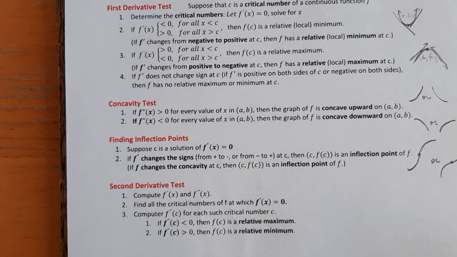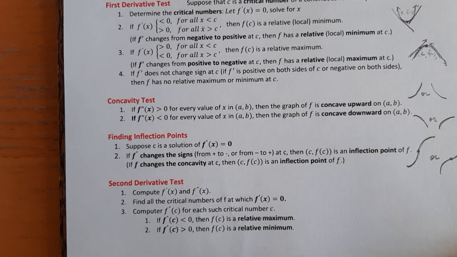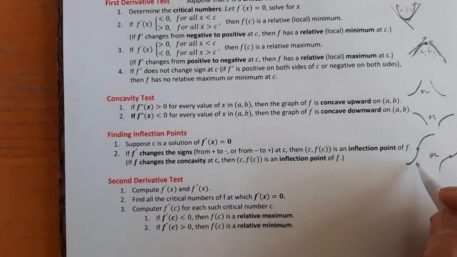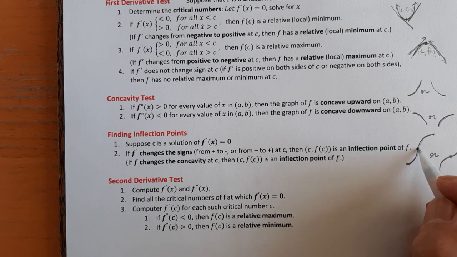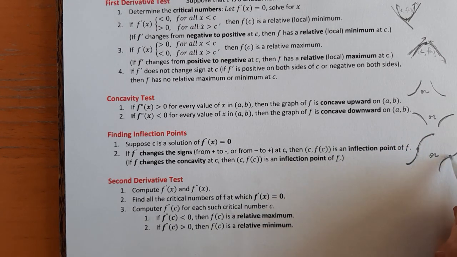And those we call points of inflection. That is, the second derivative sign changes from positive to negative, or from negative to positive.